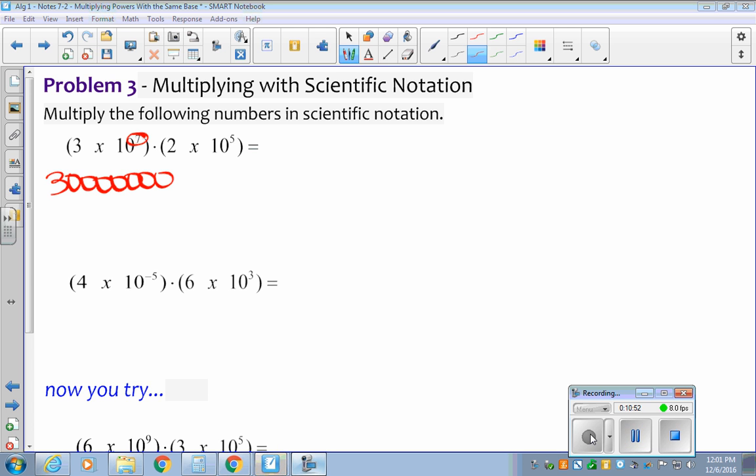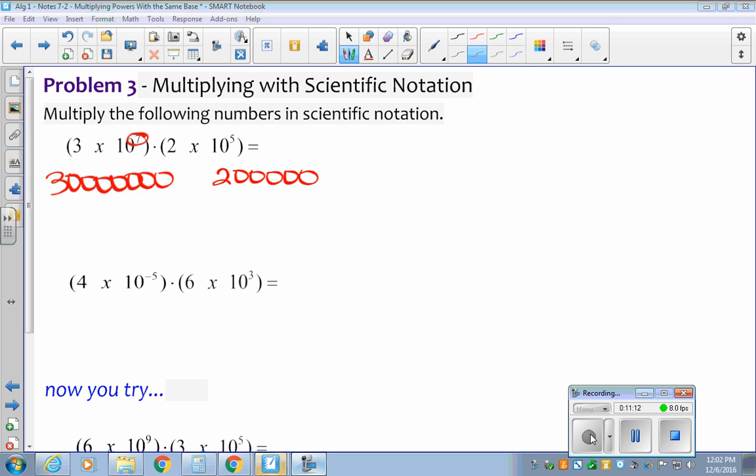So instead of writing 3 and a bunch of zeros, we write 3 times 10 to the 7th. 7 zeros, power 7. The zeros and the 7 go together. And then this would be 2 and 5 zeros.